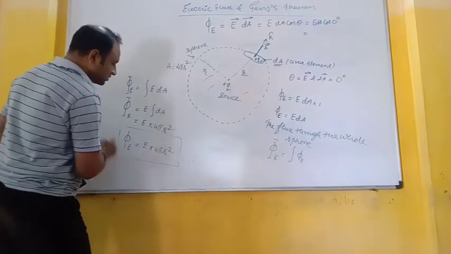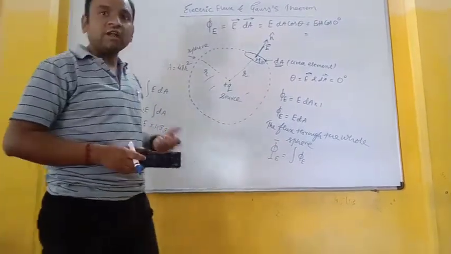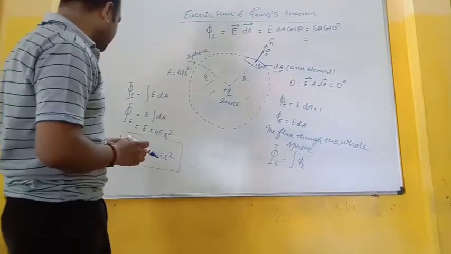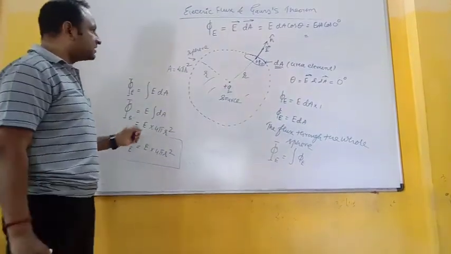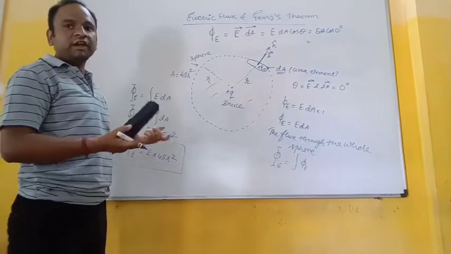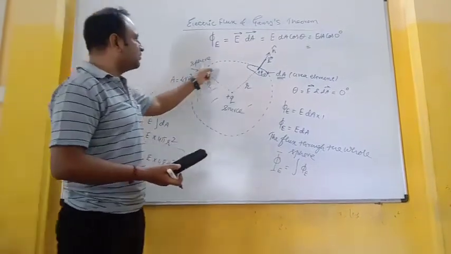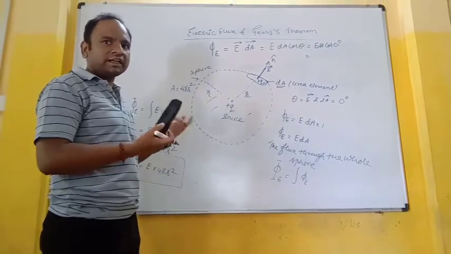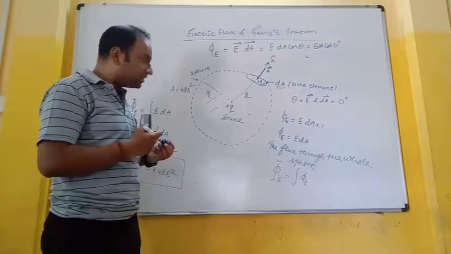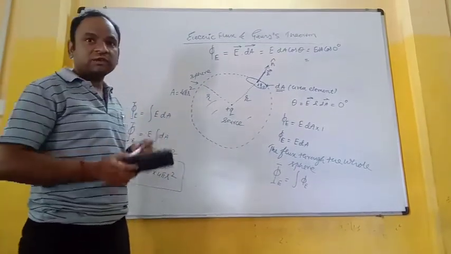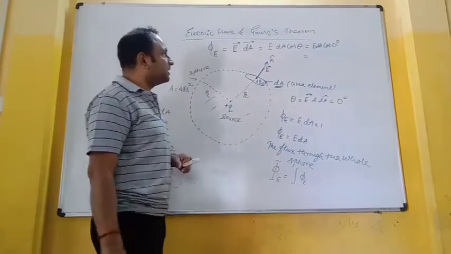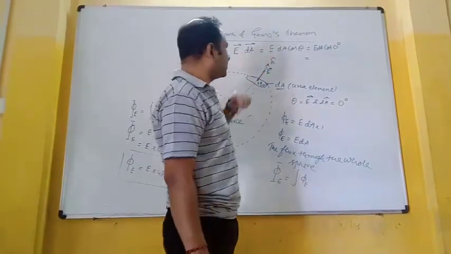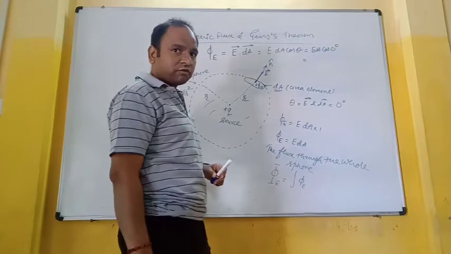This is the concept of the electric flux. So what is electric flux basically? Electric flux is the measure of the number of field lines that are passing through a given surface. This is what the electric flux is. And the magnitude of the electric flux depends on three things, if you look at the mathematical formula for the flux.